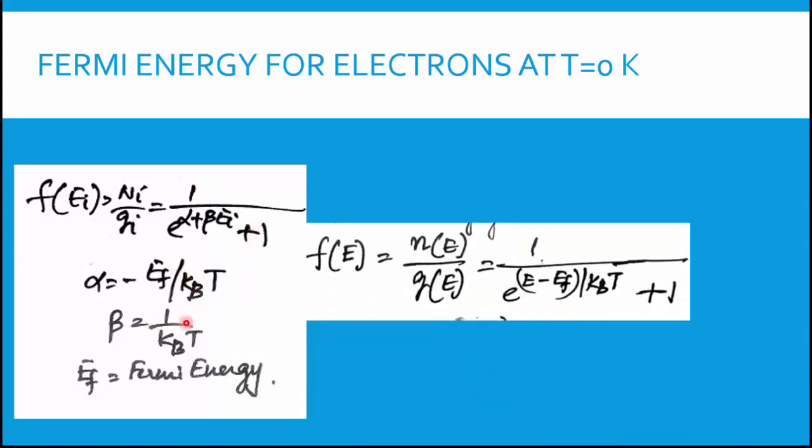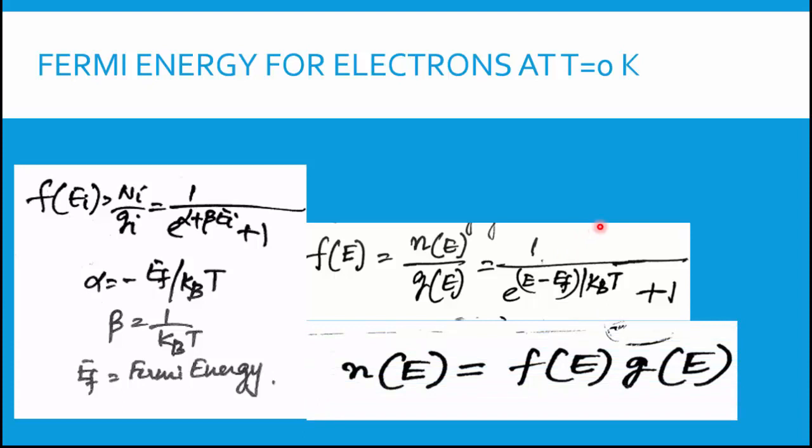If I substitute the values of alpha and beta, I get the distribution function for Fermi statistics as 1 by e to the power of (E minus Ef) by kT plus 1. So, using the distribution function formula, we are going to calculate the total number of electrons at T equal to 0 Kelvin.